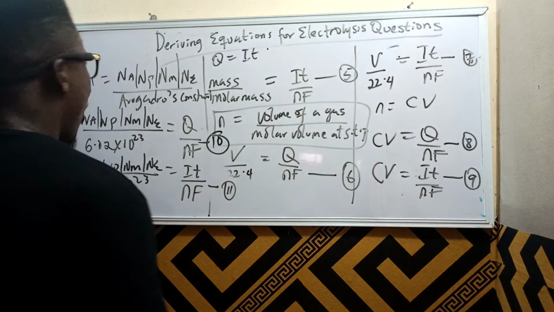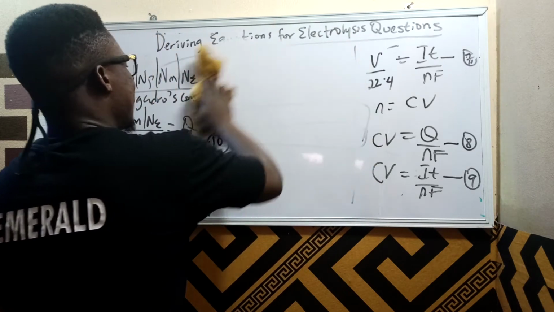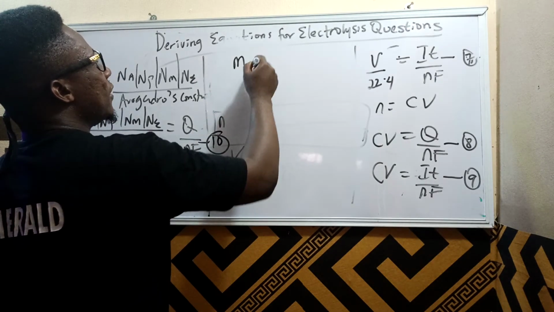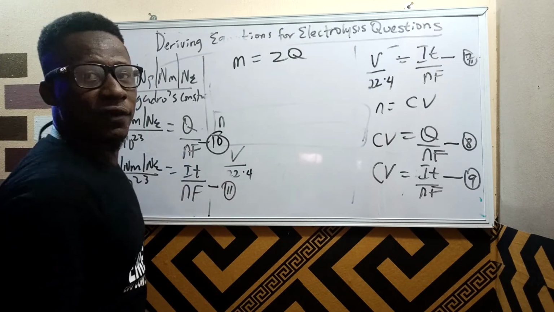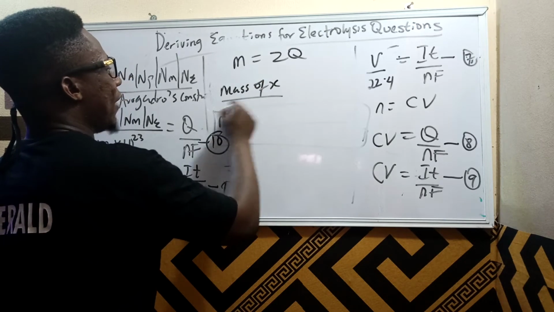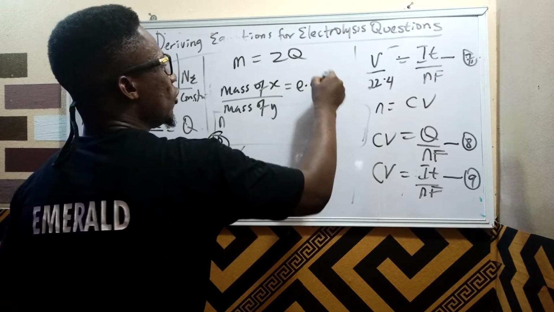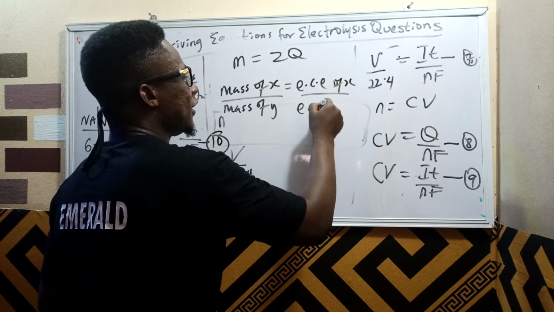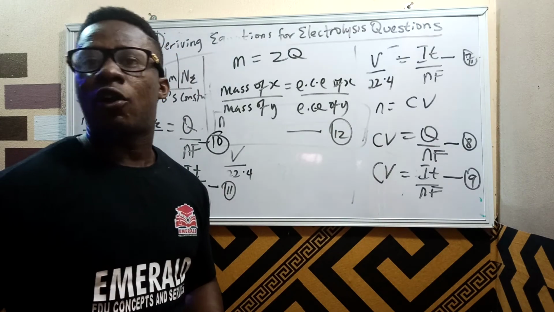Again, we can also say that since mass is equal to ZQ, where Z is the electrochemical equivalent, and is directly proportional to E, we can say mass of X over mass of Y is equal to the electrochemical equivalent Z of X over Z of Y. Call this equation 12.